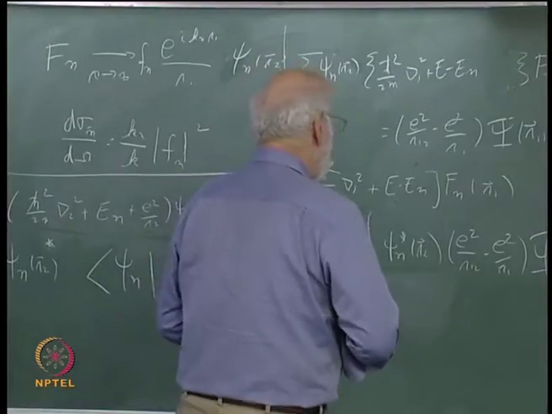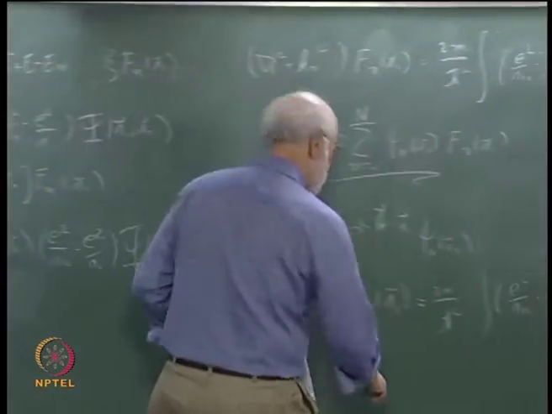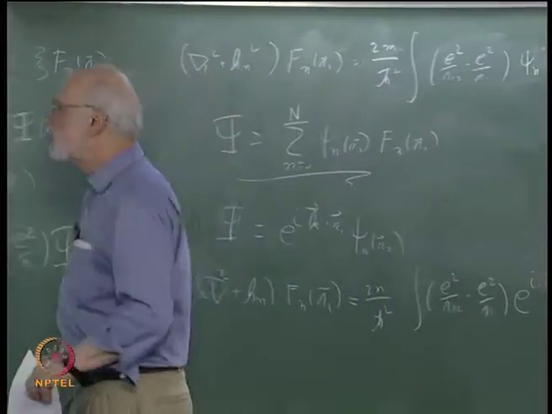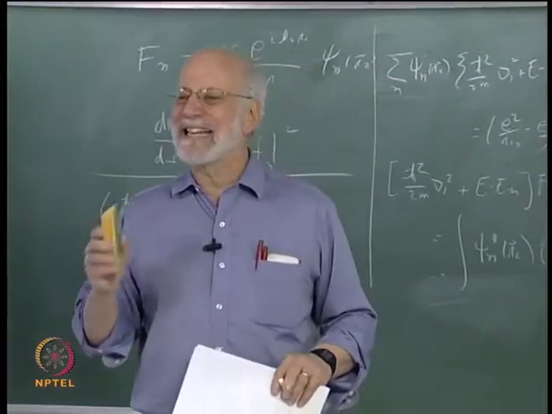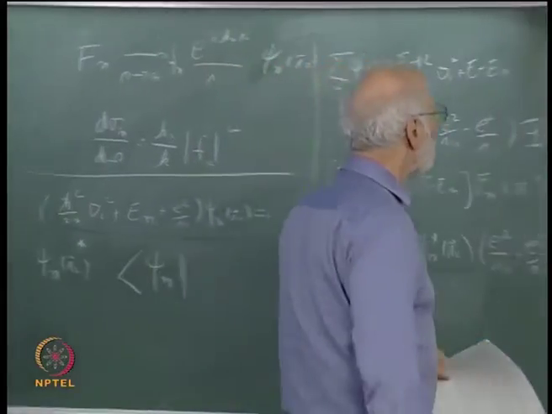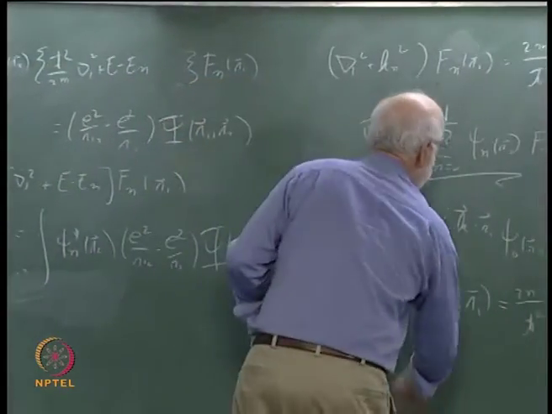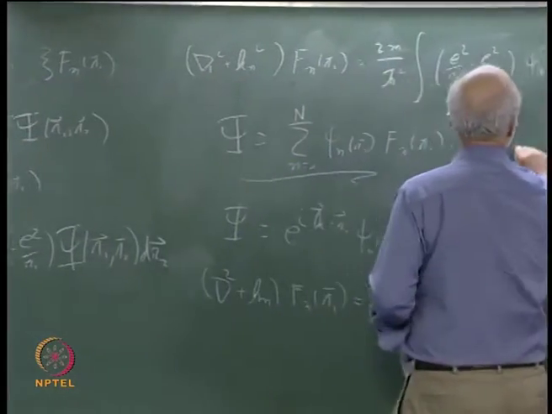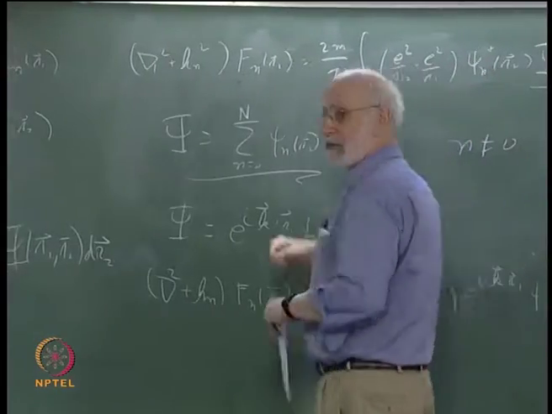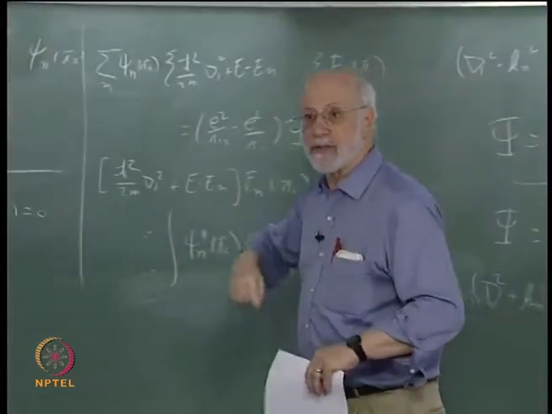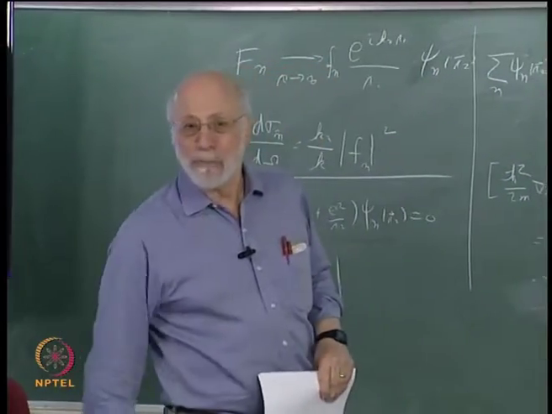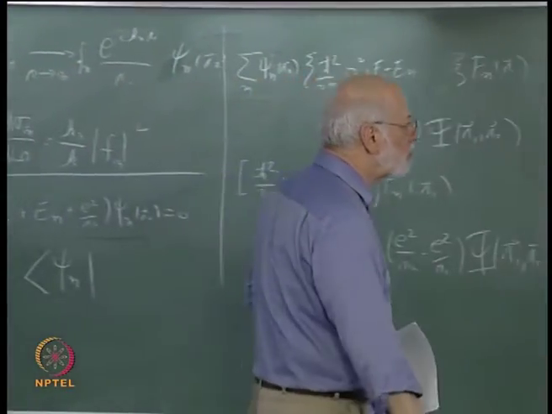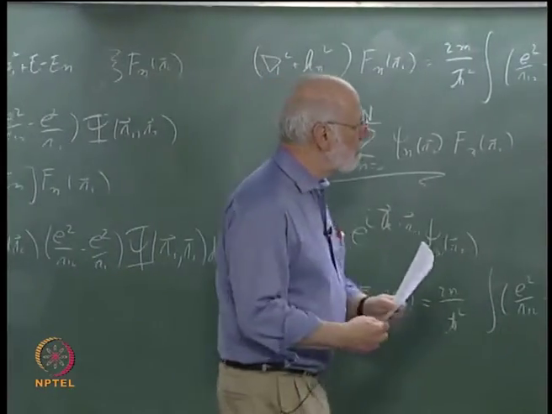Okay, now I'm not going to make another approximation yet, but I'm going to restrict myself. I want to consider specifically inelastic collisions. What do inelastic collisions mean? In this case, n is not equal to 0. Because if n equals 0, then it stays in the ground state, and that's okay. This is important because look at this integral over R2.